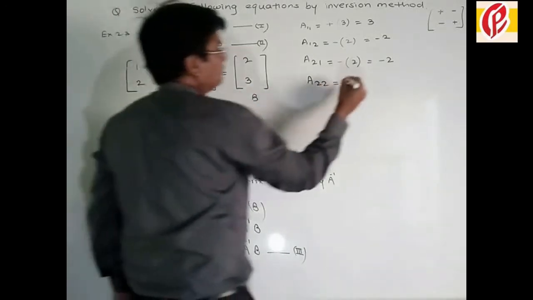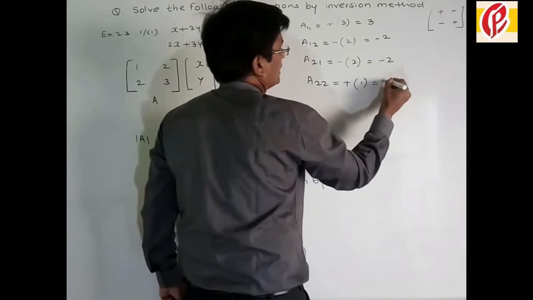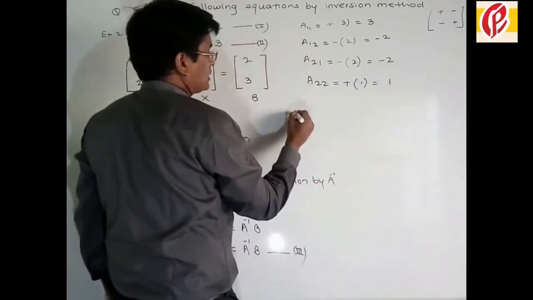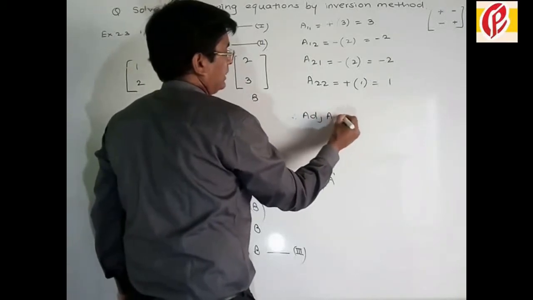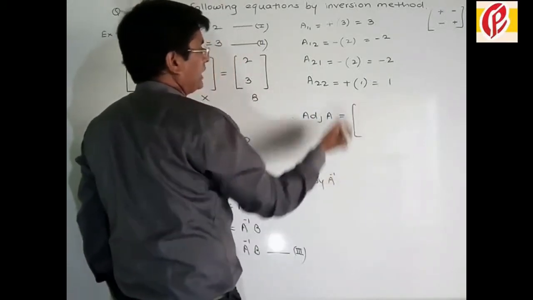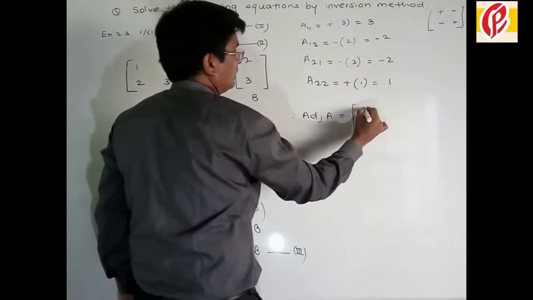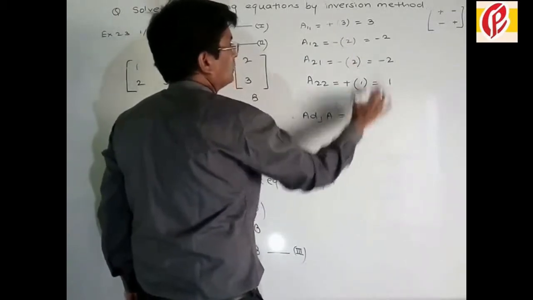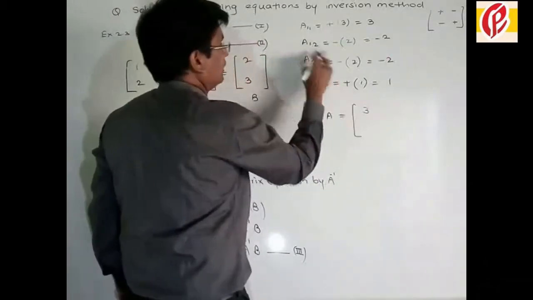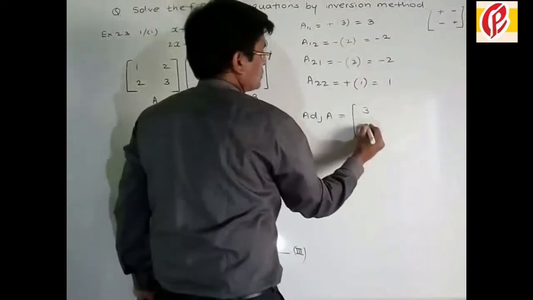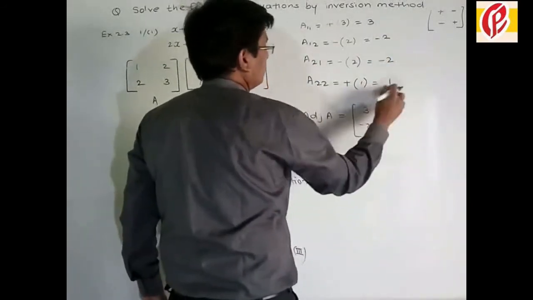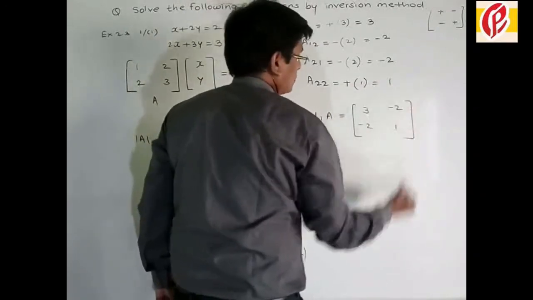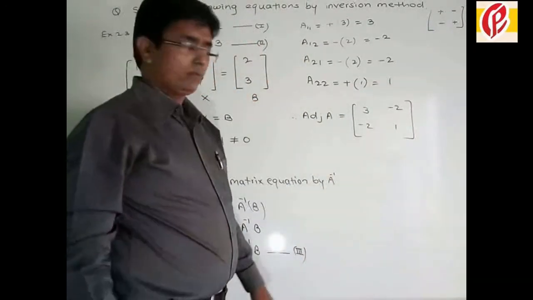You will get element 1. So in this way you will get the adjoint A, and that is how we write. First A11 here, that is 3. Then A12 here, that is minus 2. A21 is here, minus 2, and A22 is here, 1. So you get the adjoint A.